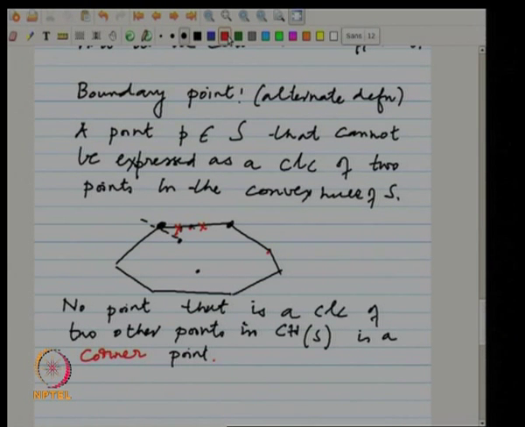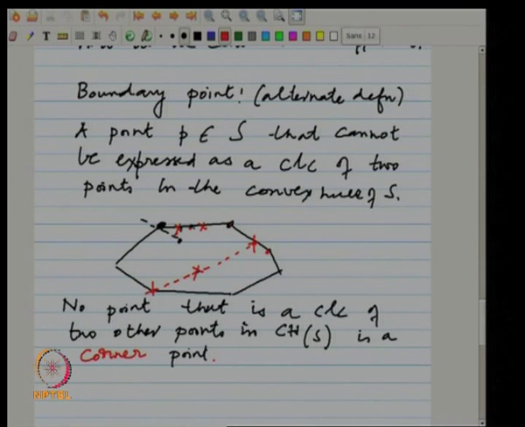I can take any corner point, draw the line, and it's going to intersect the boundary somewhere, maybe here. So this point is in the convex hull because it's in the convex linear combination of these 2 corner points, this one and this one, and likewise this point is in the convex linear combination of this point and this point.